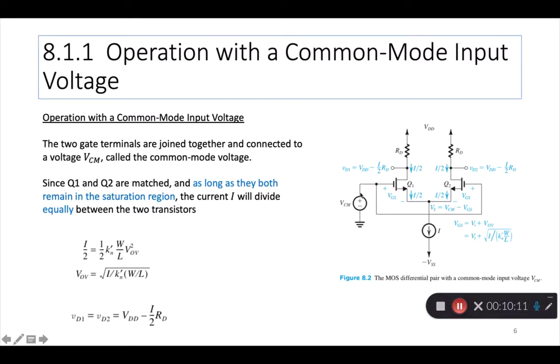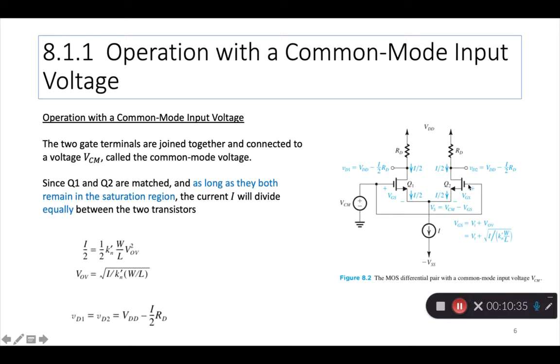The two gate terminals are joined together and connected to a voltage VCM called the common mode voltage. So common mode voltage means this voltage is going into the gate of Q1, but it's also going into the gate of Q2.